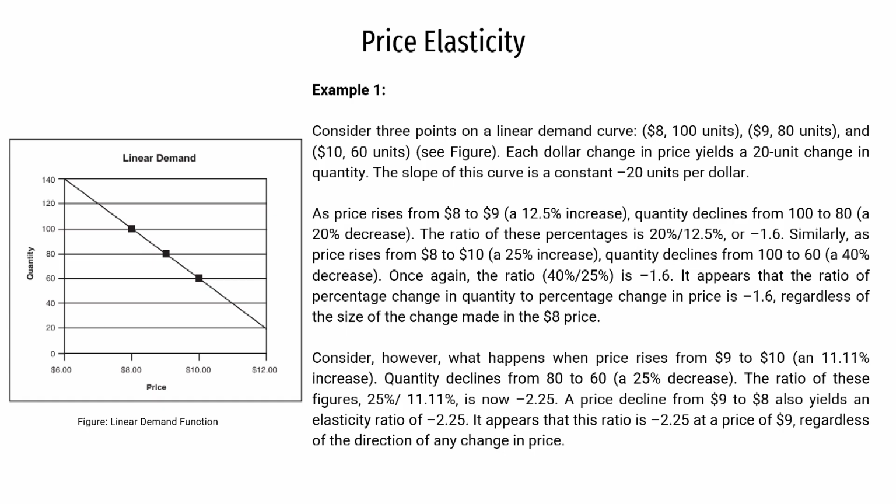It appears that this ratio is minus 2.25 at a price of 9 regardless of the direction of any change in price, right. So what we have seen overall is that at different price points the elasticity is different, but the slope will remain constant throughout all price points, and that is minus 20 in this case.